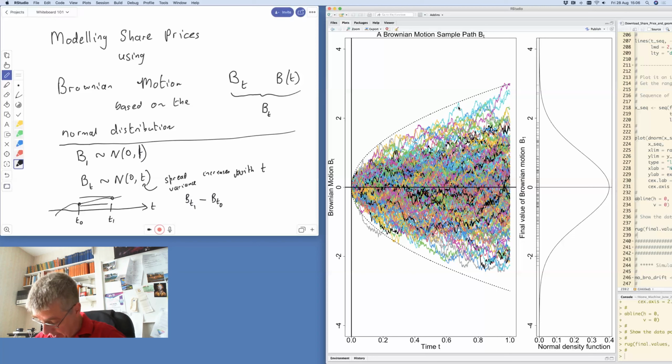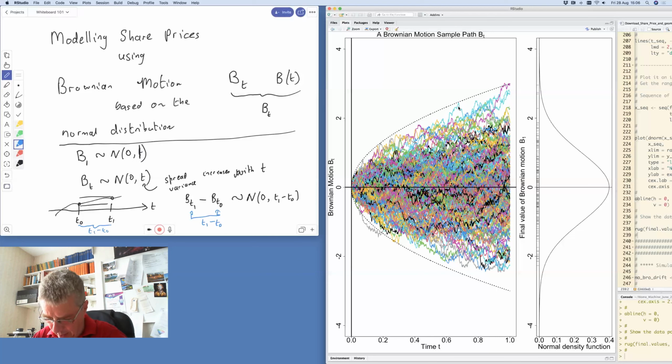Well, that's a random variable that depends on the sample path, and that can be shown to be normally distributed with mean 0 and variance the time difference. So the time difference here is t1 minus t0, the gap between those points.